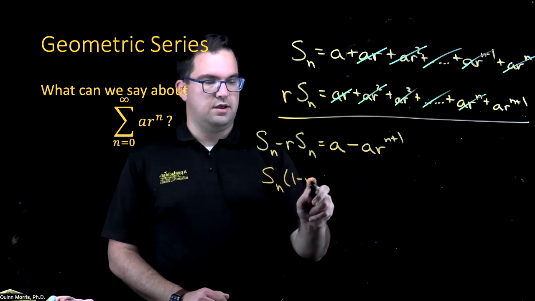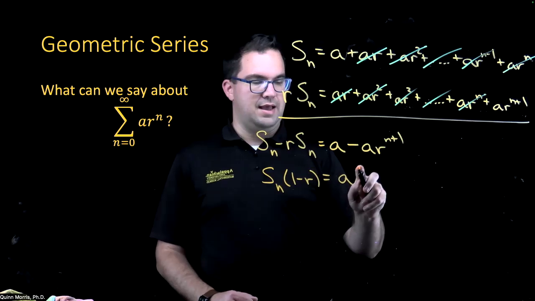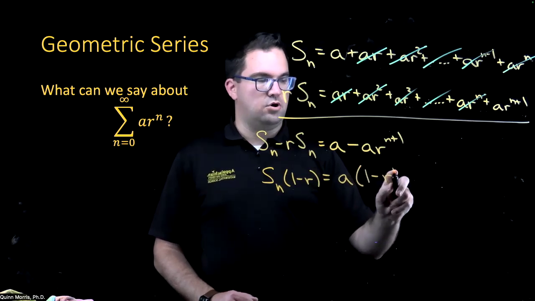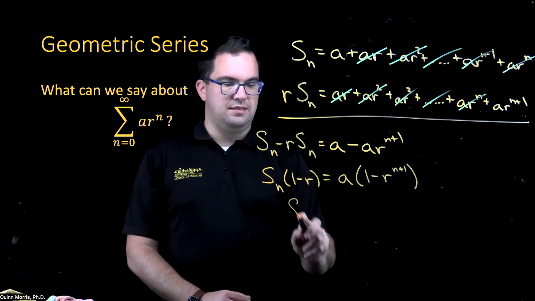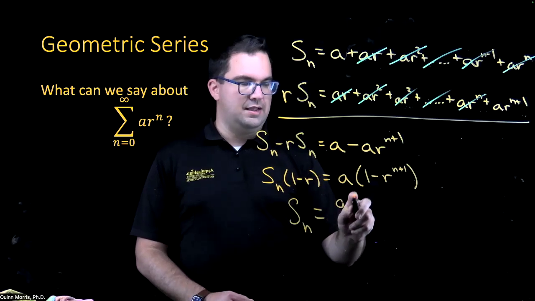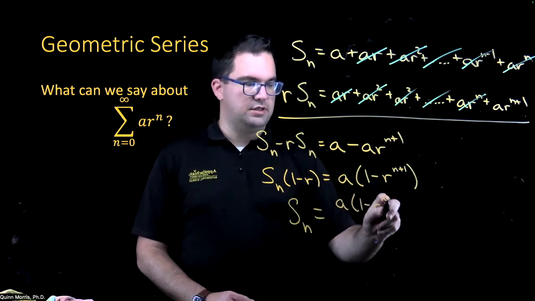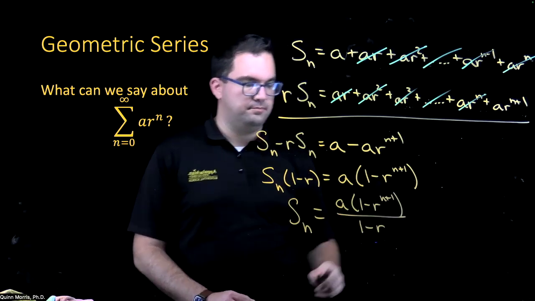I'll get s sub n times 1 minus r. And I can factor an a here. This would be a times 1 minus r to the n plus 1. And so I get that the nth partial sum is equal to a times 1 minus r to the n plus 1 over 1 minus r.